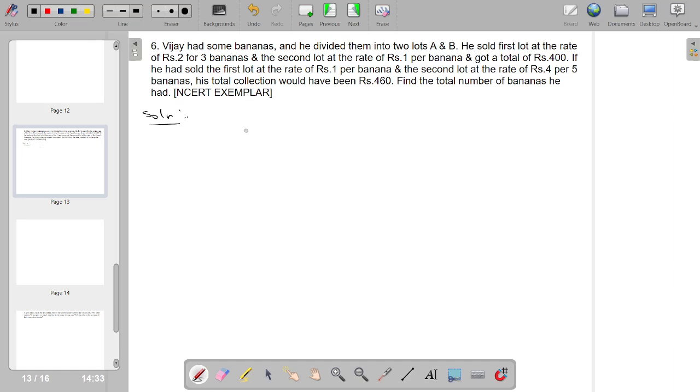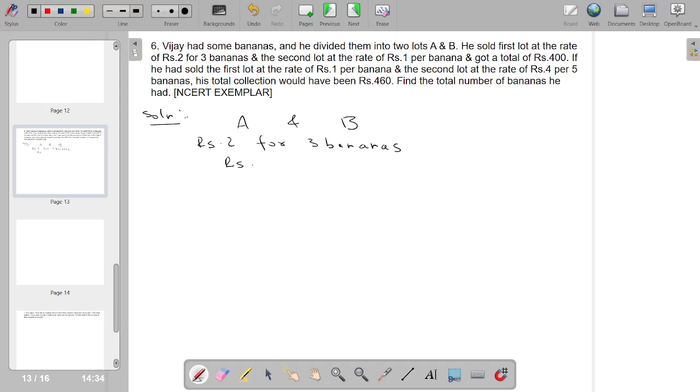So there are two lots. Vijay has bananas and he divided those bananas into two lots, lot A and lot B. Okay, so he sold the first lot at the rate of rupees 2 for 3 bananas. If you are paying 2 rupees for 3 bananas, what is the price per banana?